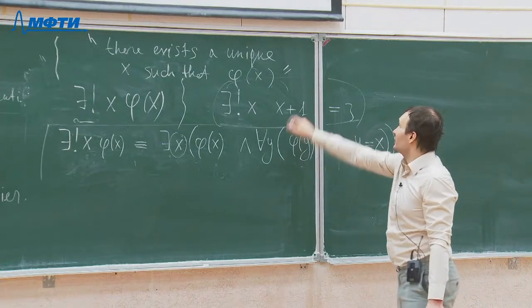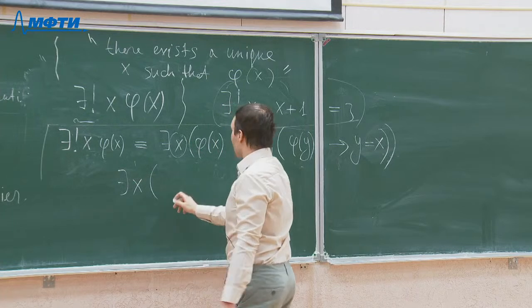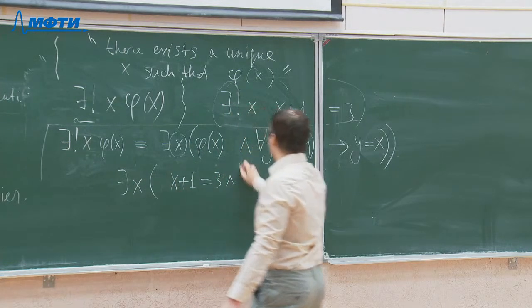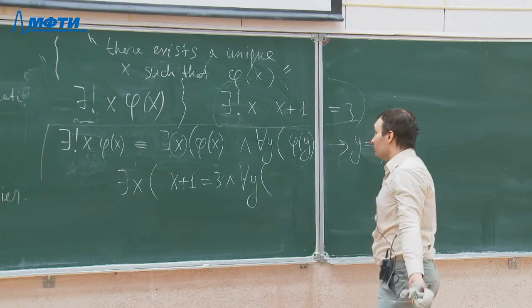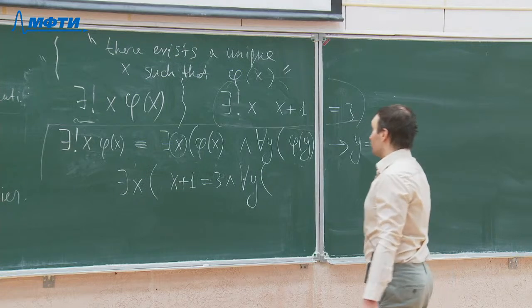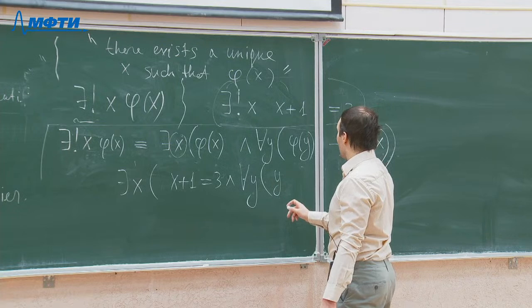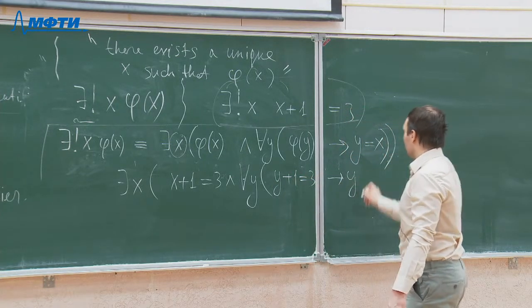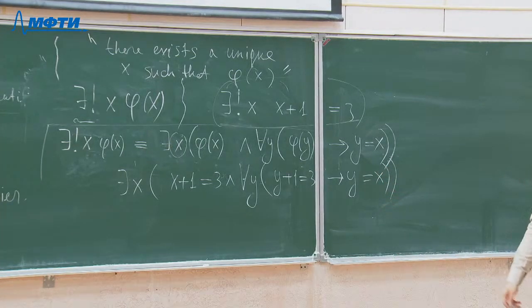So here, for example, we have that there exists x such that x plus 1 equals 3, and every y such that y plus 1 equals 3 is equal to x. Is it true? Of course.